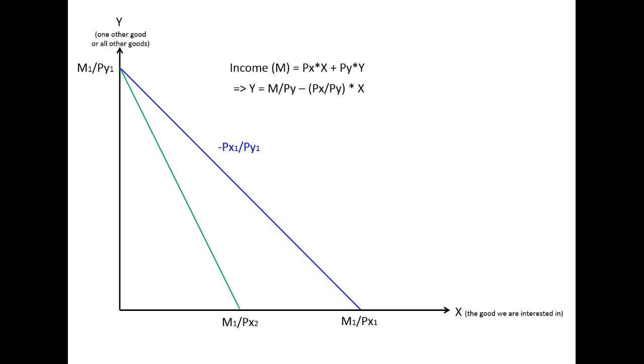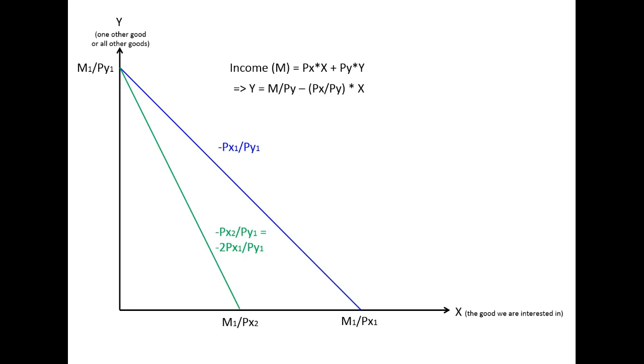So that will give us a new budget constraint which will have a steeper slope. And if we compare it, we will see here that since the price of X has doubled, I have to give away twice as many Y's to be able to afford one more X now. So the relative price has doubled.